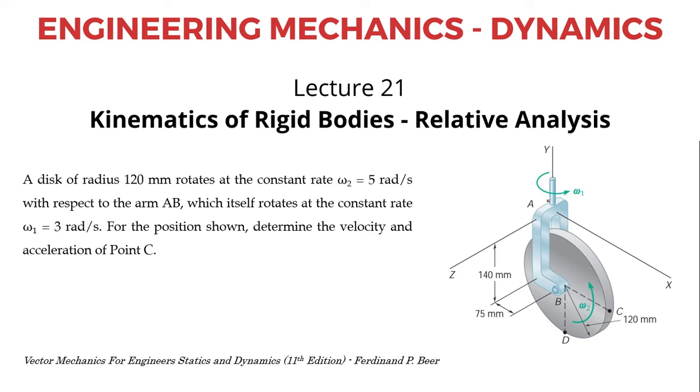This assembly is rotating with respect to this y-axis with an angular velocity omega 1 equal to 3 radians per second. And then this disc itself is undergoing another rotation with respect to point B along an axis parallel to the z-axis, and that angular velocity omega 2 is given as 5 radians per second.